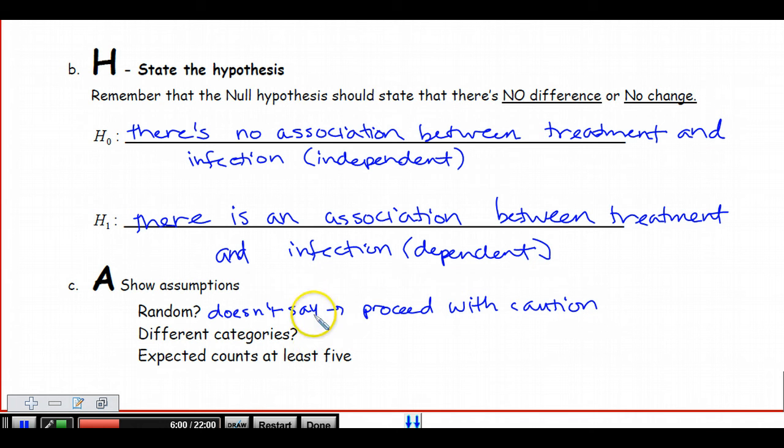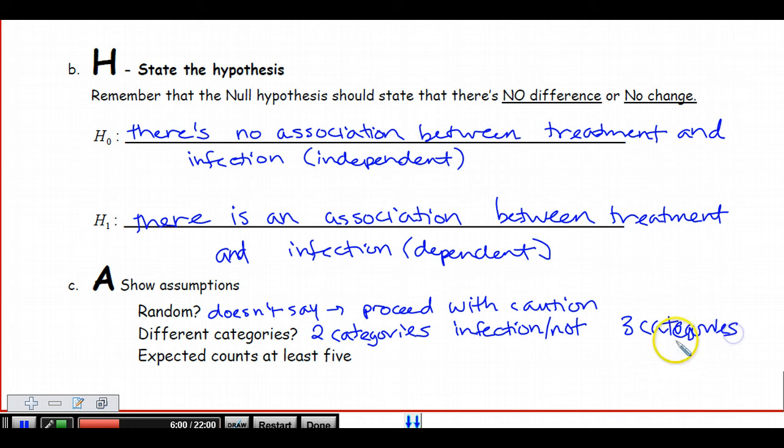The different categories, we see that there's 2 categories for infected or not, and then 3 categories for the treatment, which means there was 1 placebo, and then 2 had different strains, different extracts of the echinacea.